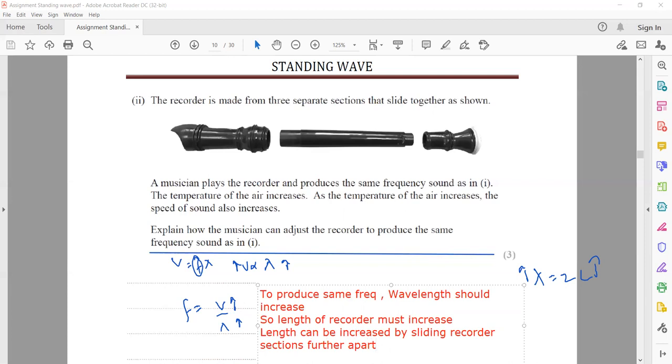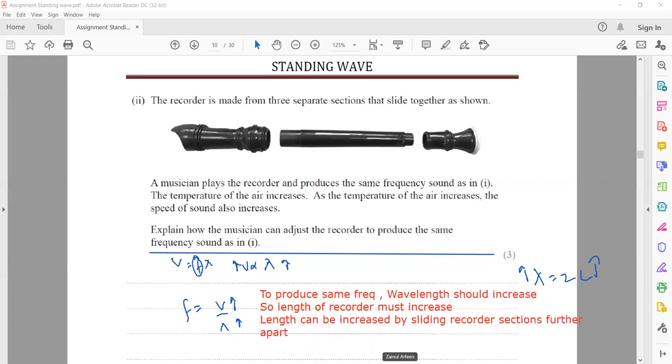This concept of how we can keep the frequency constant. So we can slide the sections apart so that it will be longer and produce the same frequency.